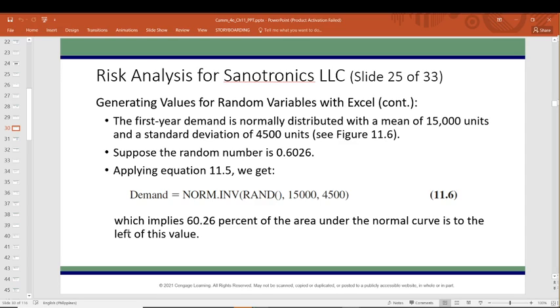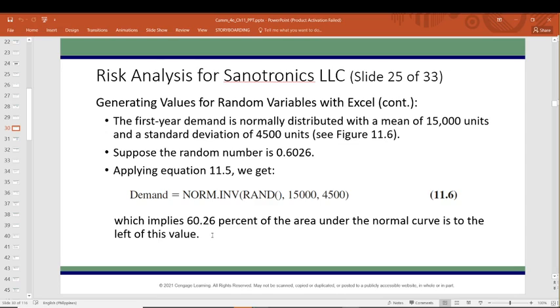Again, we will use random numbers between 0 and 1 to simulate values for first year demand. So the demand is equal to NORM.INV with the parameters of the random number, the mean, and the standard deviation.